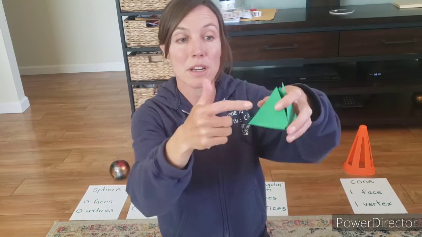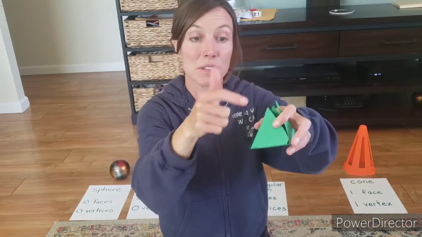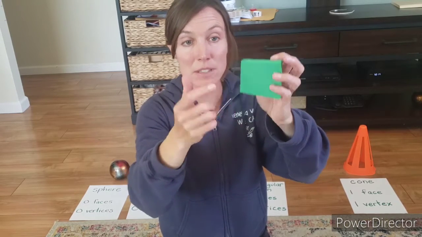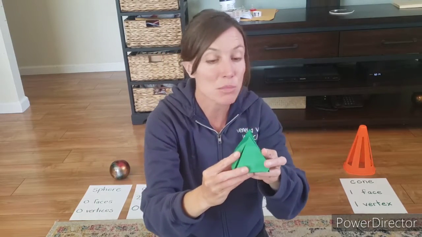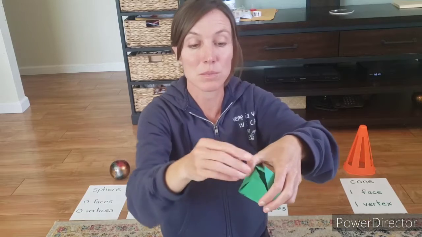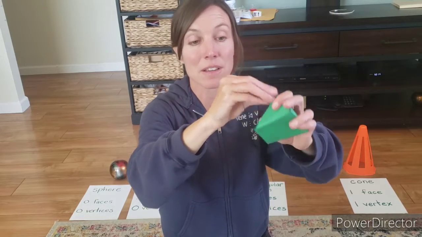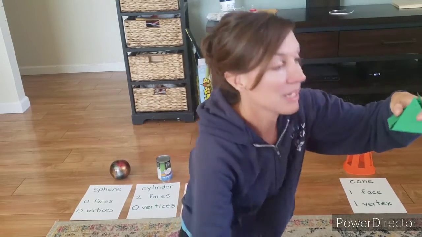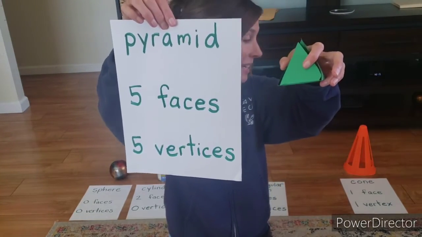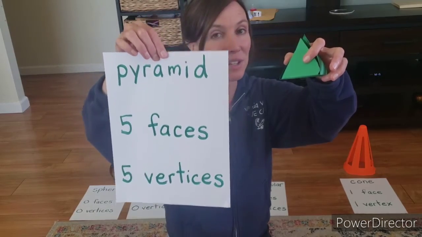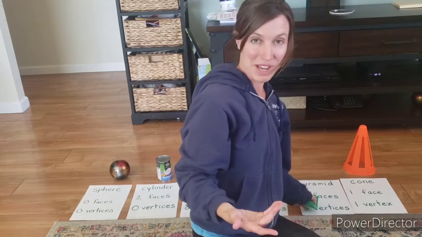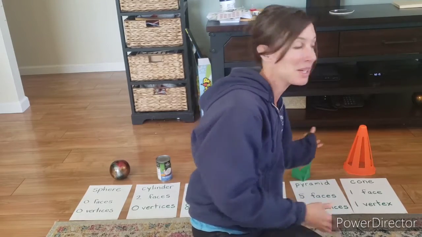So there's one square, and then there's a couple of triangle faces too. 1, 2, 3, 4. So 4 triangle faces and 1 square face makes 5 faces. Then it has a couple vertices or points. So it has 1 at the top where it all comes together, 2, 3, 4, 5 on the bottom. Okay, so that is a pyramid. This one's going to be hard to find at home, so you can either make a star or just skip that one and kind of know that we've talked about a pyramid.